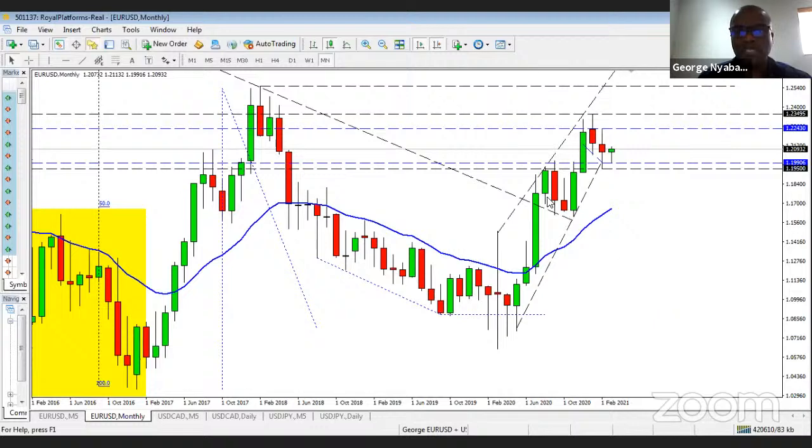So when you see the black hyphenated lines, they are referring to levels of support and resistance that I think are significant, but which are appearing on the monthly time frame. So that's at the highest level time frame.